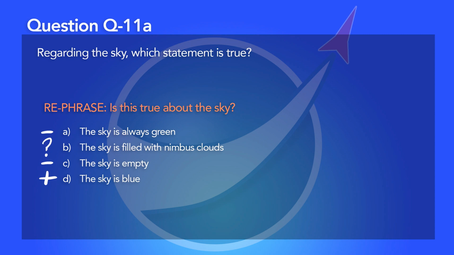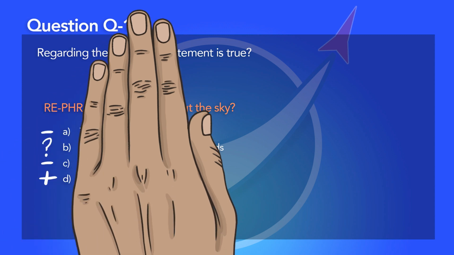Okay, so now that we have all four choices written down, now what you're going to do is rotate your hand and cover up the words so that the only thing you're looking at is that pattern of responses. And you can clearly see that we have a minus sign, a question mark, a minus sign, and a plus sign. So if I have two minus signs, clearly that can't be the answer because there's two answers that are the same.